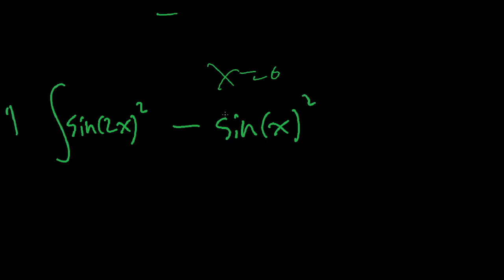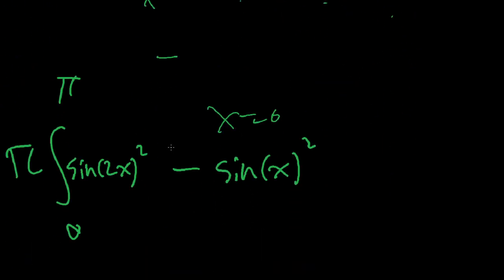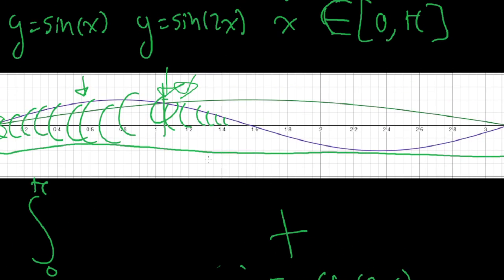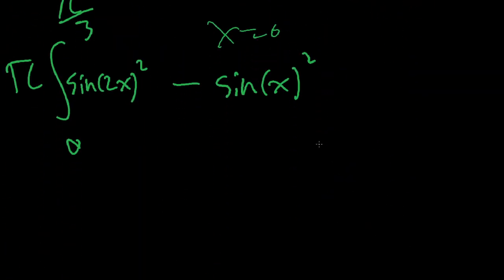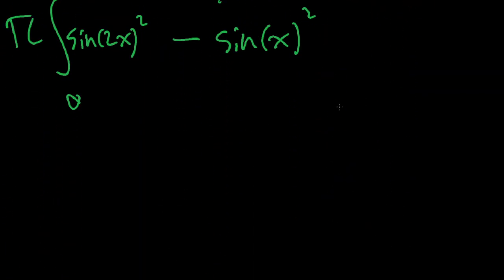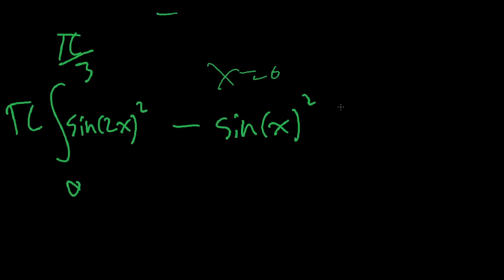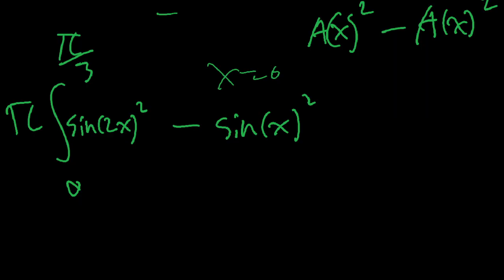This is what you'd think it would be if it was rotating around y equals 0, but it's not. It's actually rotating around y equals -1, which means that if you use this normal function of the area squared minus area squared, then it actually would be wrong.